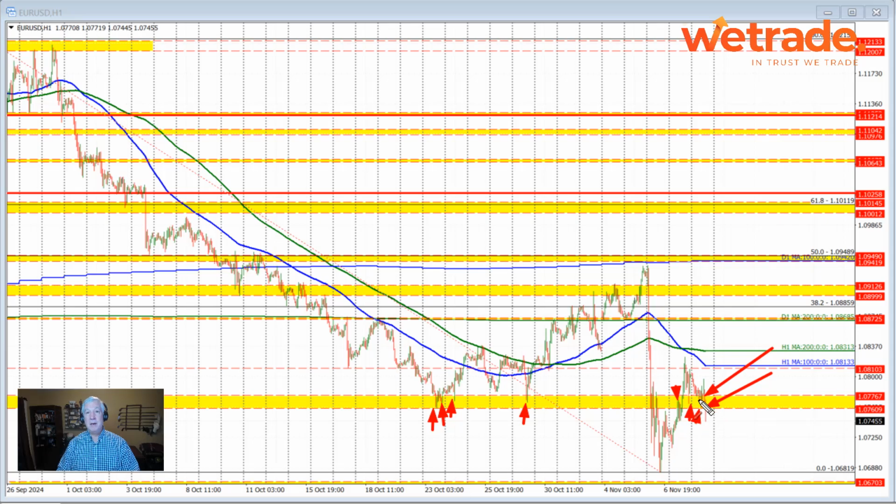You would think. Nevertheless, we're going to pay attention to this swing area right here between 1.07609 and 1.0776. As long as the price can remain below that level, that's the best case scenario for traders in the short term, and we can hope to move down toward the low price that we saw earlier this week at 1.06819.